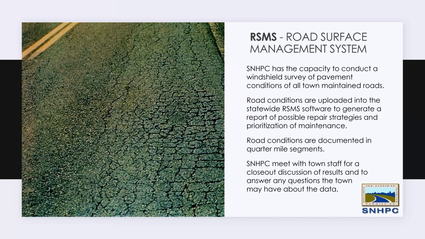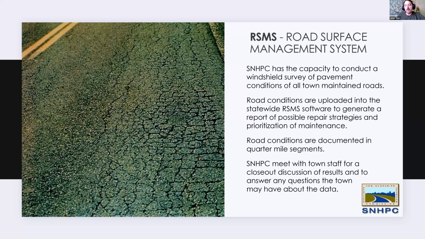I'm going to move on now to the next area where data can be collected. That's the RSMS, which is Road Surface Management System. Southern New Hampshire Planning Commission has capacity to conduct a windshield survey of pavement conditions of all town-maintained roads.